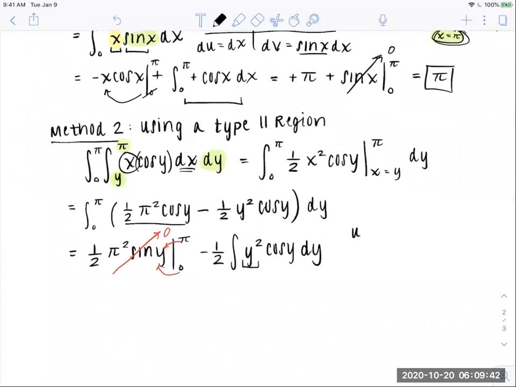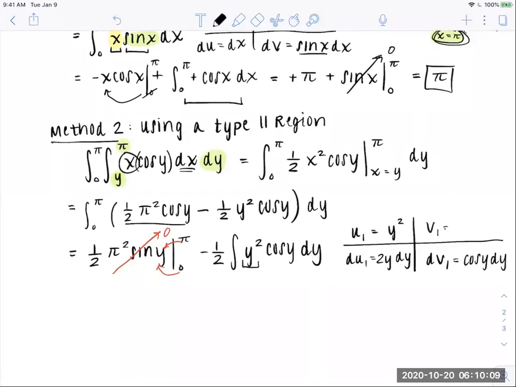All right, so let's carry out the integration by parts. The first iteration, I'm going to use u1 and dv1 because I'm going to have to do this twice. Using LIPET, I'm going to let my polynomial be my u, so that's y squared. So du1 is going to be 2y dy. And then everything that's left over is dv1, so cosine y dy. The integral of cosine is sine. And so now let's carry out the integration by parts.